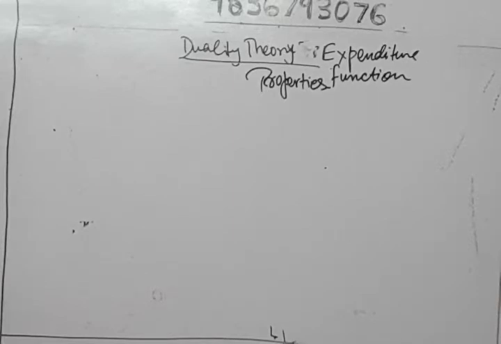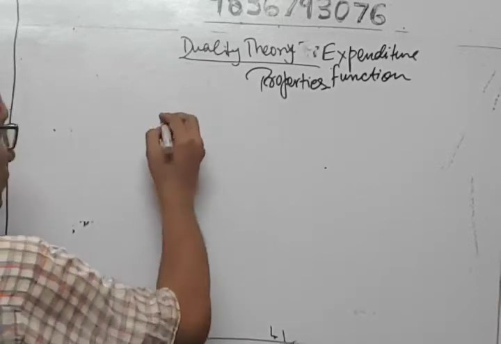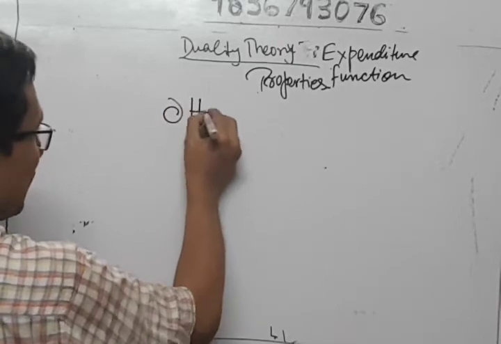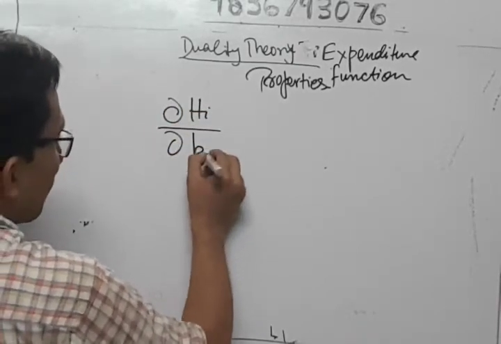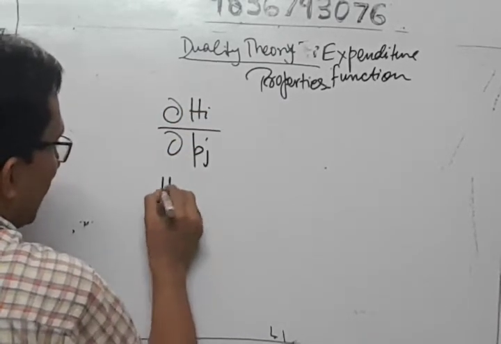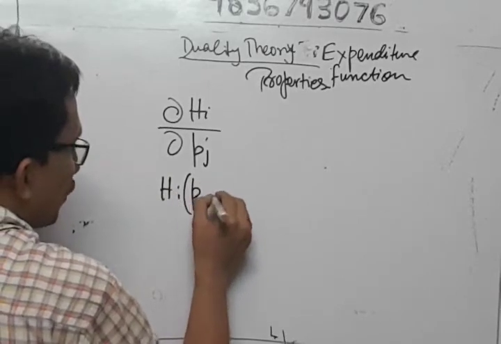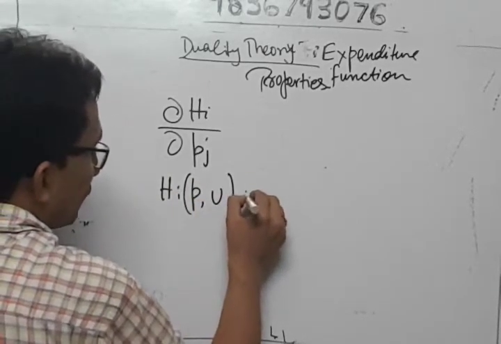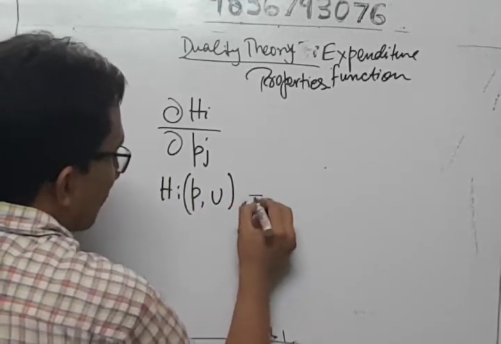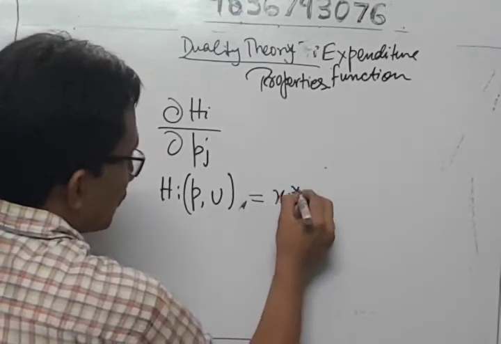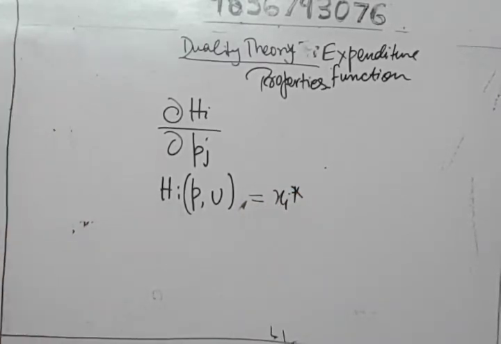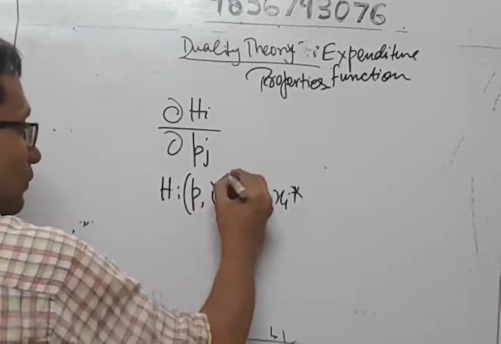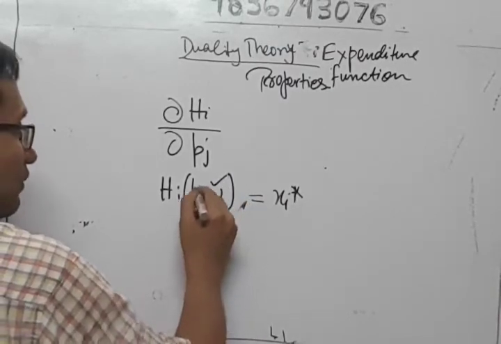So this substitution effect of the price change will be given by this expression, that is del hi of del pj, where hi(p, u) gives you the optimal amount of consumption of the ith good in the commodity bundle so as to minimize your expenditure subject to this given level of utility u and the given price vector p.